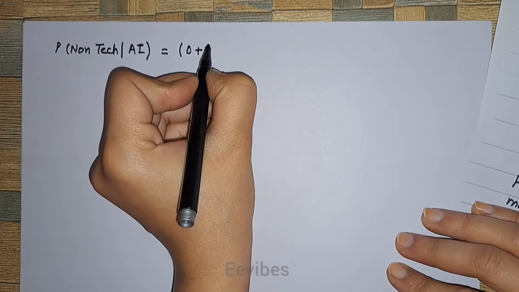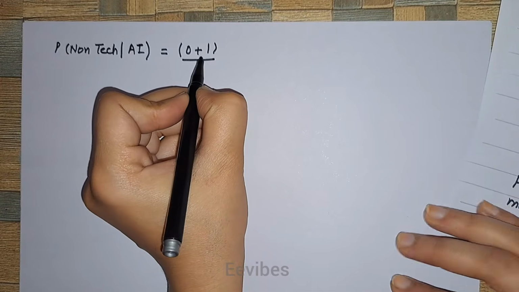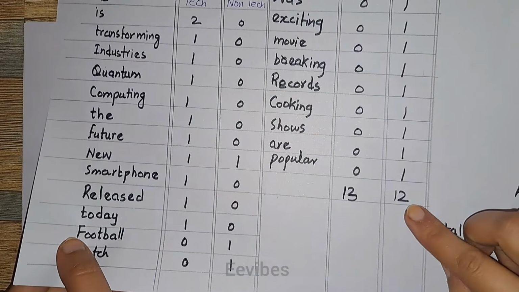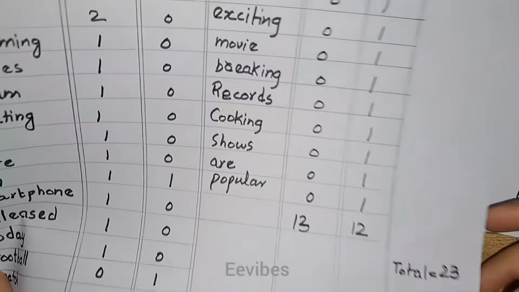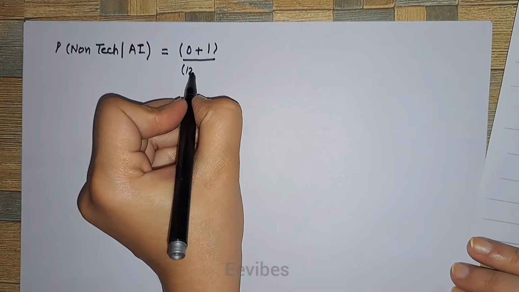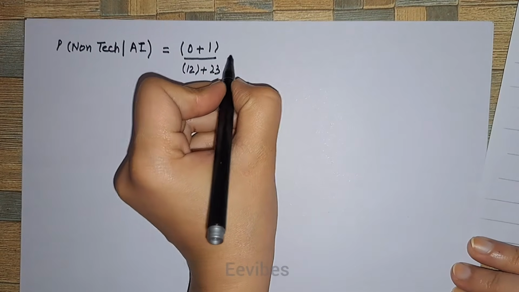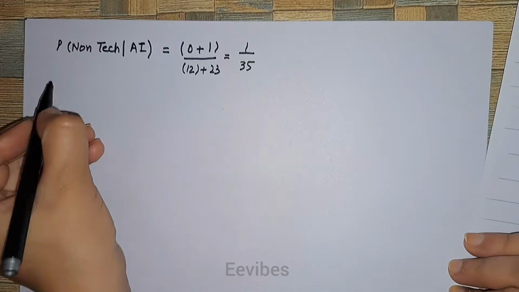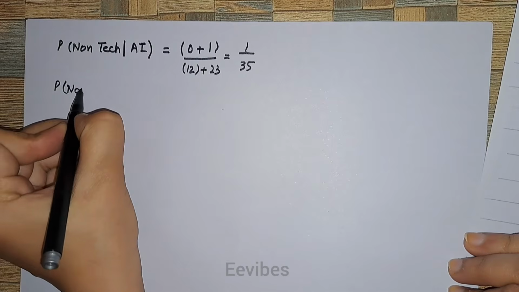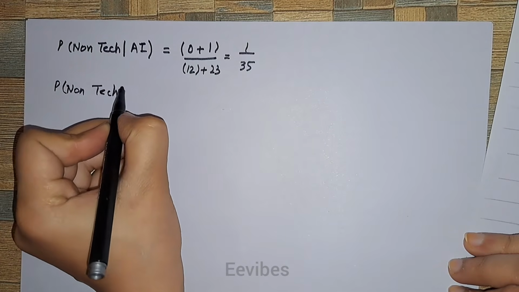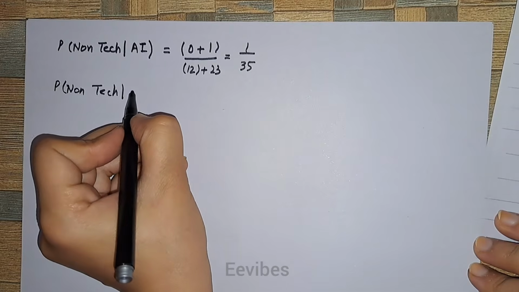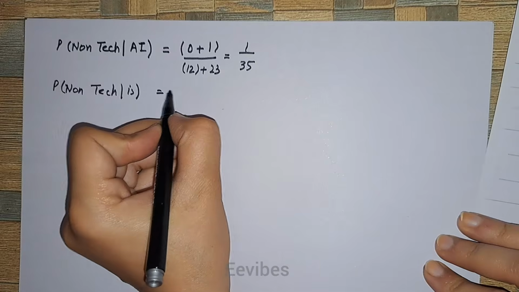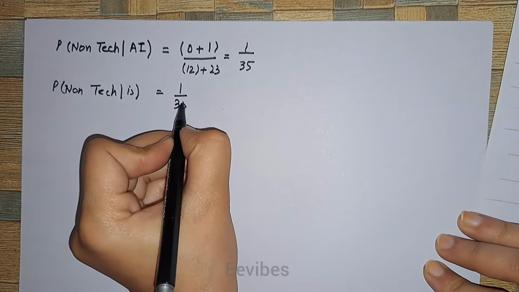So 0 plus 1 divided by, also one thing you need to remember, the total number of words in the non-tech class is equal to 12, so we will write 12 this time plus 23, and it is equal to 1 divided by 35. Similarly, the probability of non-tech class given that the word is "is", since the count is equal to 0, again its probability will be equal to 1 over 35.